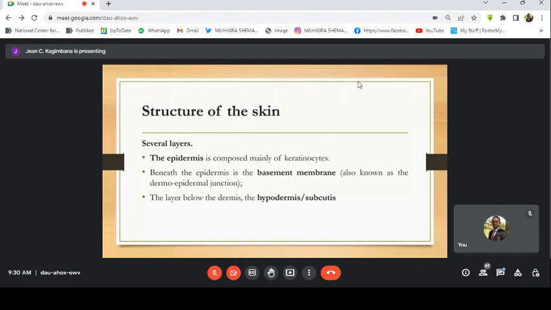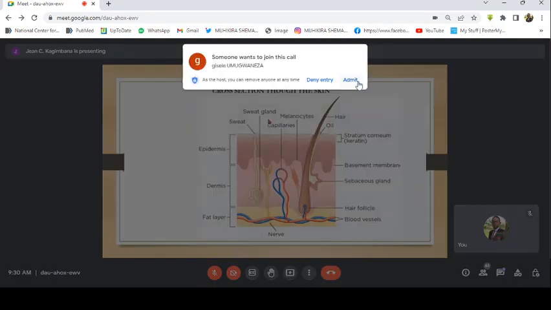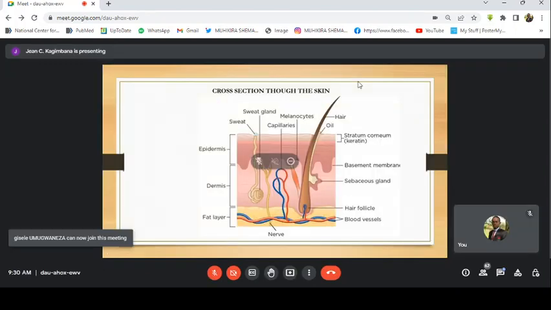Now, this is the cross section of the skin. As you see here, the epidermis with the keratinocytes. This is the basement membrane here. Between the epidermis and the fat layer, or subcutis, or hypodermis, we have the dermis.